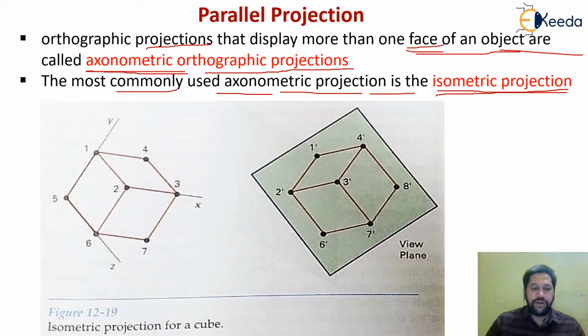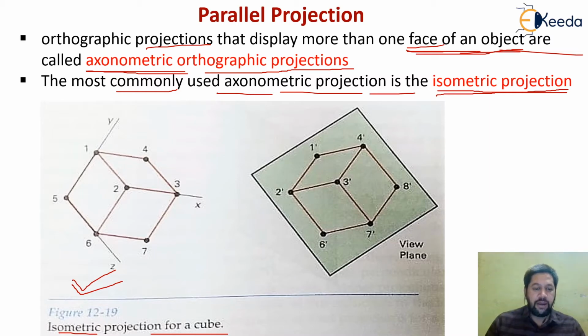Let us understand this with the help of the diagram. So this is my isometric projection of a cube. I consider this as my cube, or that I have my object. Now you can find that I'm taking this object from different faces or different angles of the object.